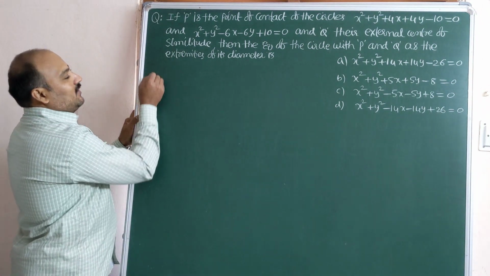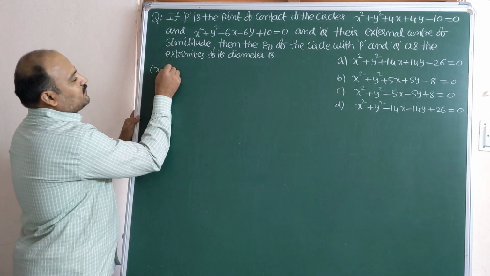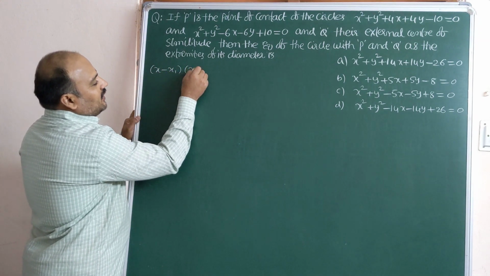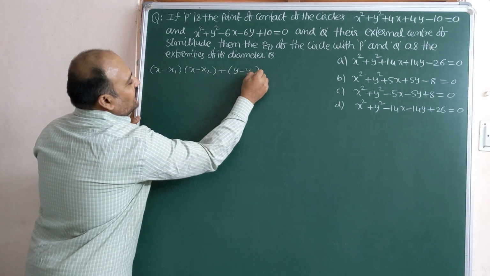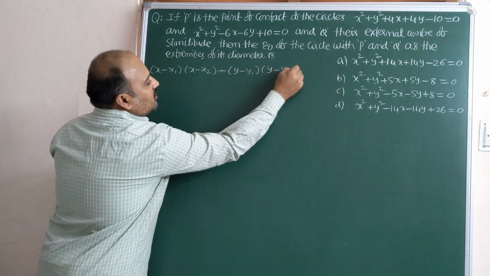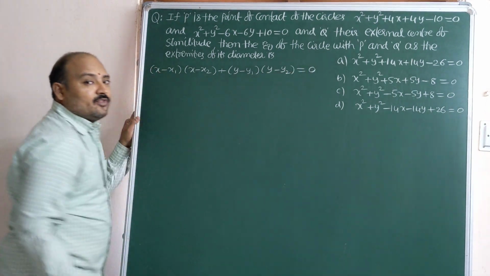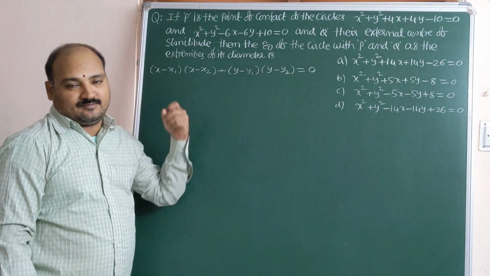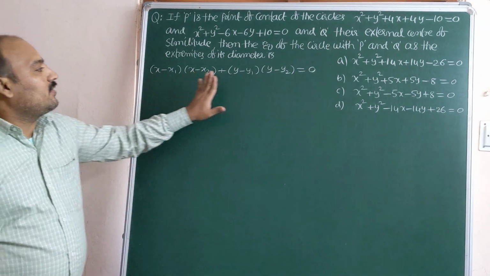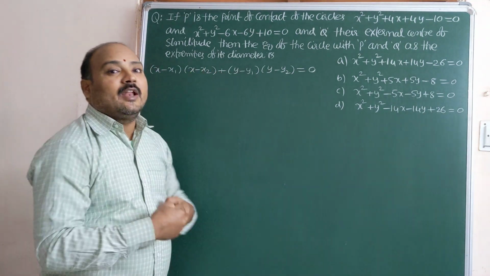The equation is (x minus x1)(x minus x2) plus (y minus y1)(y minus y2) equal to 0. This is the equation of the circle whose diameter extremities are (x1, y1), (x2, y2), so we need to calculate them.